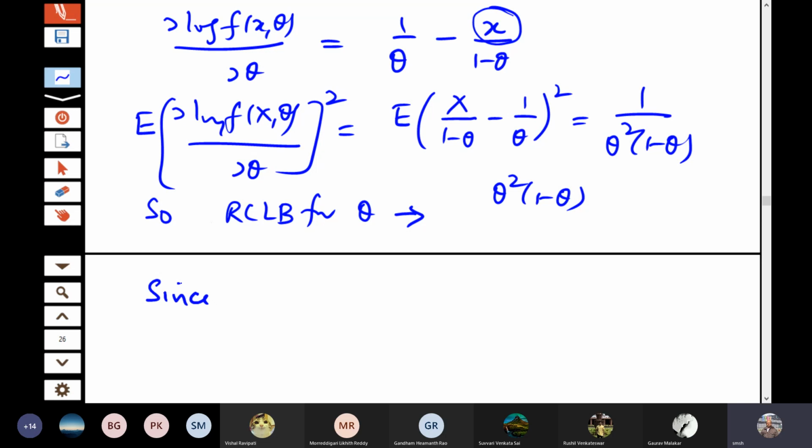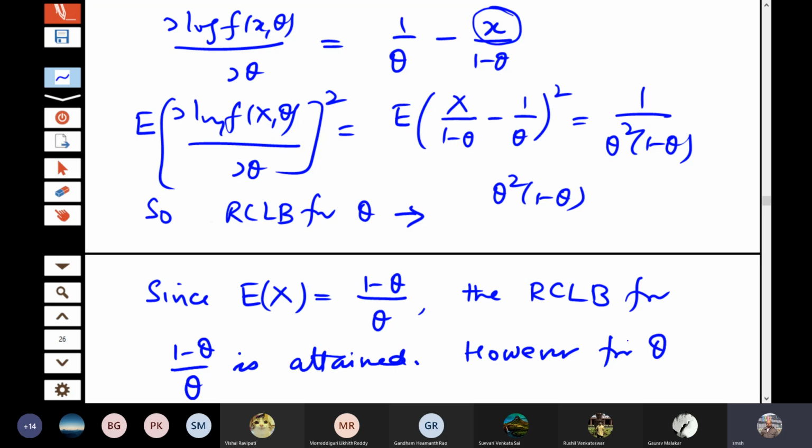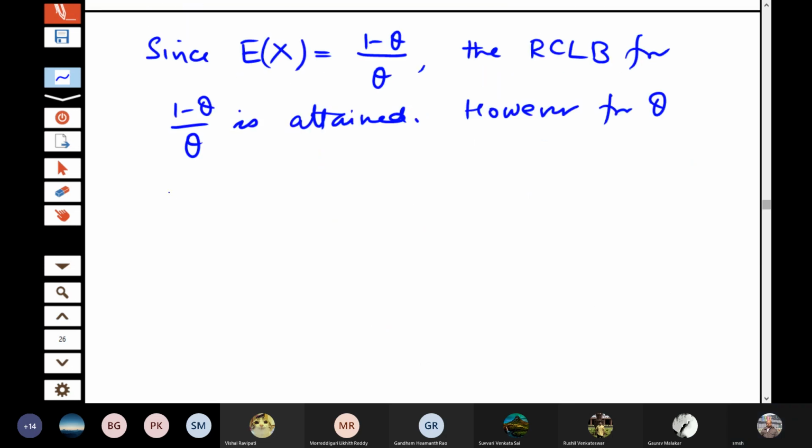So since expectation of x is 1 minus theta by theta, the RCLB for 1 minus theta by theta is attained. However, for theta, it is not attained.